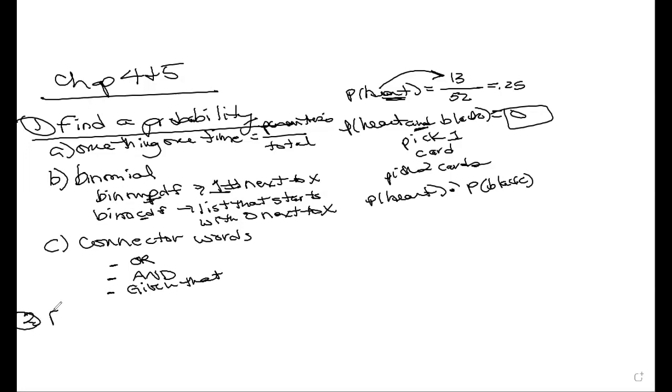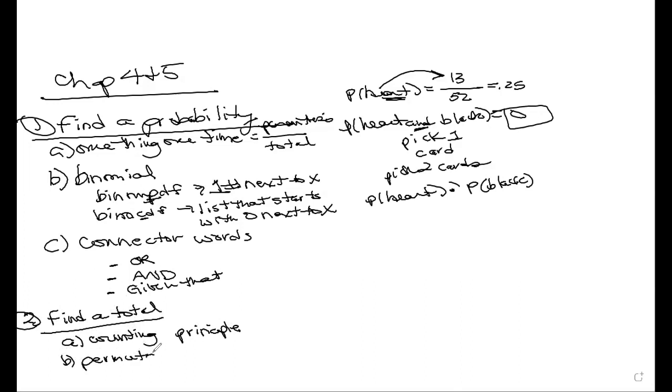Another kind of problem I'm going to ask you to do is to find a total. How many codes can you make? How many phone numbers are there? How many lottery tickets? How many ways can I line up children at a door? So remember, the three I went over are the counting principle, permutations, and then combinations.